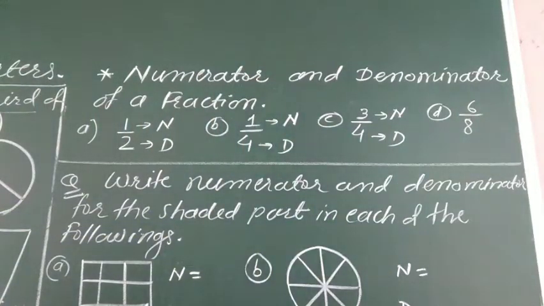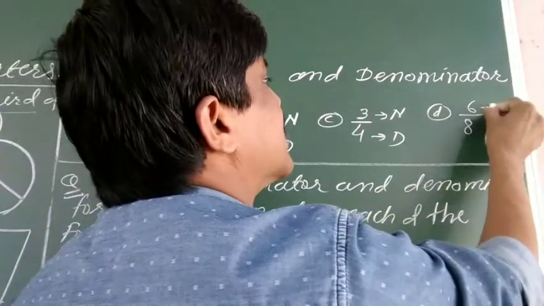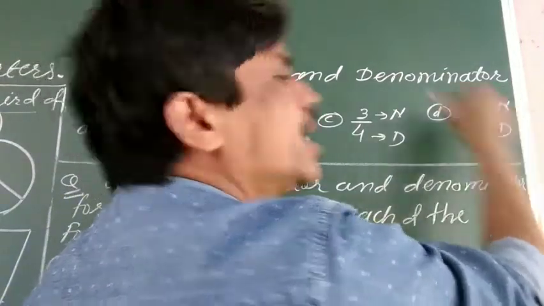So see, upper part जो होता है it is numerator and down part जो होता है, upper part is numerator and down part is denominator. So same way here it is numerator and it is what? Denominator. Okay.